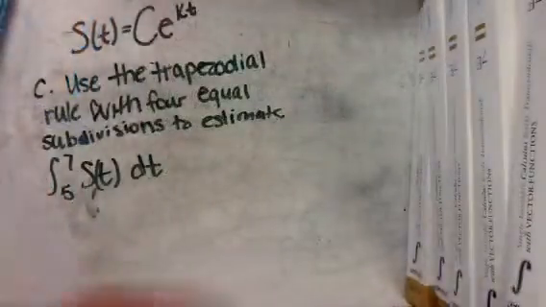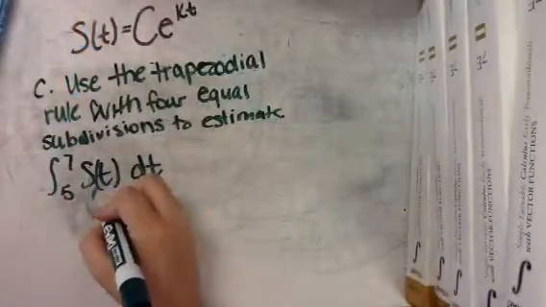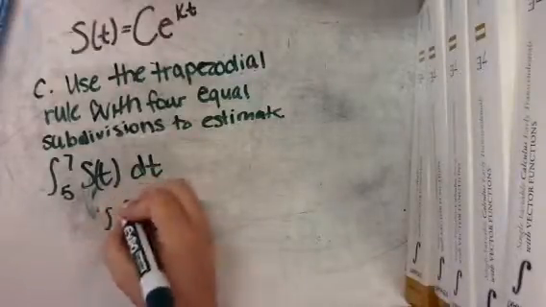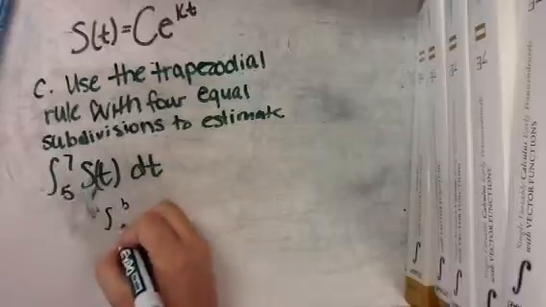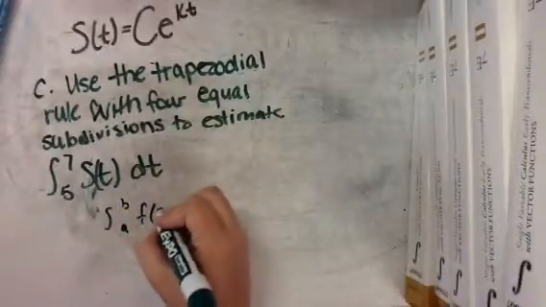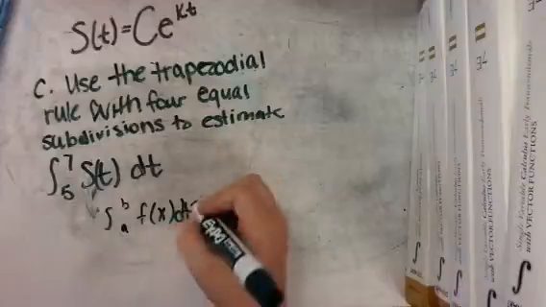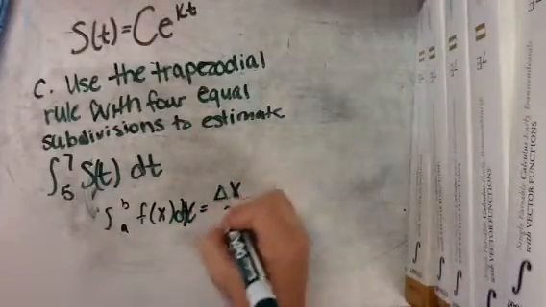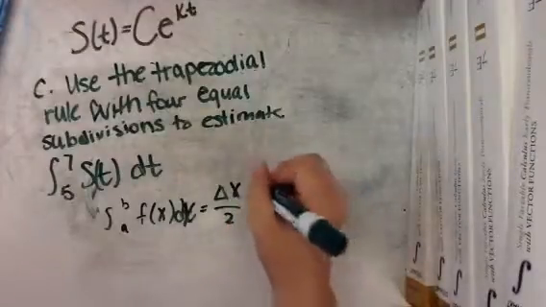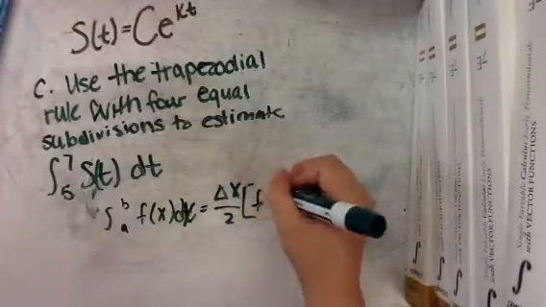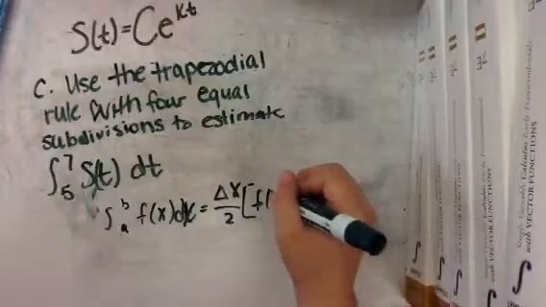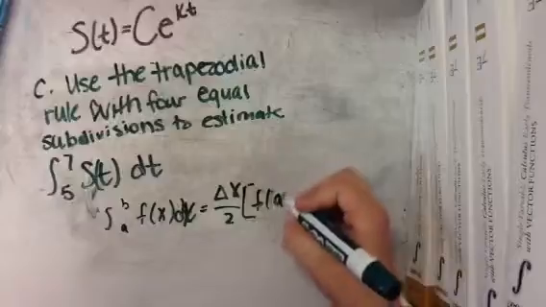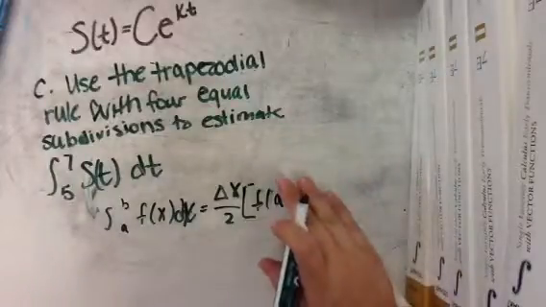The trapezoidal rule is the integral from a to b of f of x dx equals the change in x divided by 2 times the sum, where the first term and the last term you do not multiply by 2, but everything in the middle is multiplied by 2.